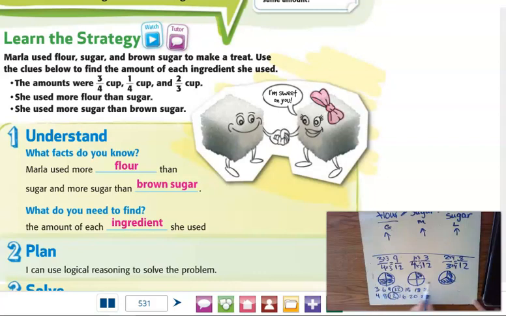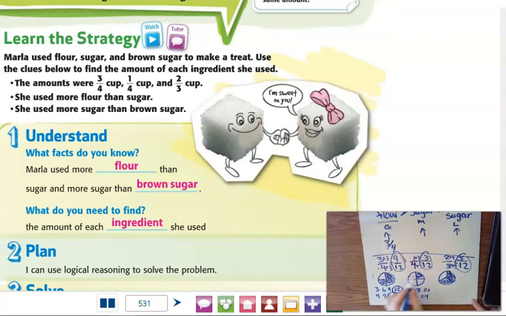So now if I can't tell from my pictures, which you kind of can, you can see that 3/4 is the greatest, and then 1/4 is the least. And then you've got 2/3 kind of in the middle. But if you can't see that well from your illustrations, then you can clearly see it using these models here. 9/12 is the greatest, so that matches to 3/4, which is going to go to flour.